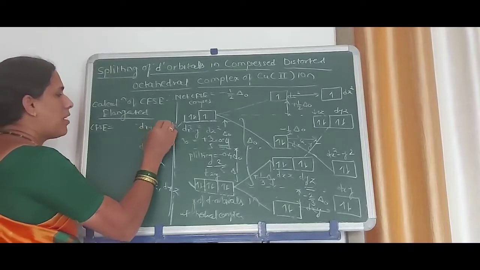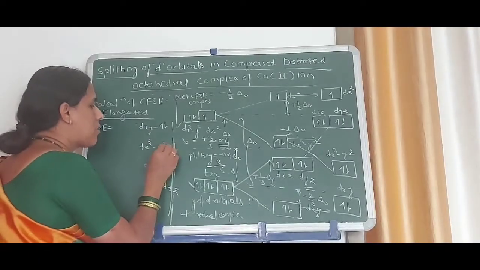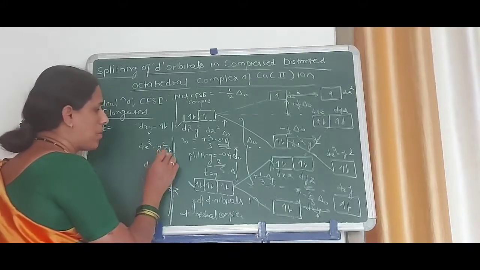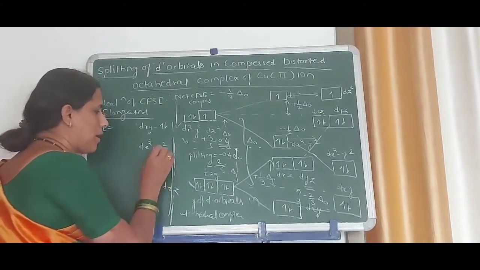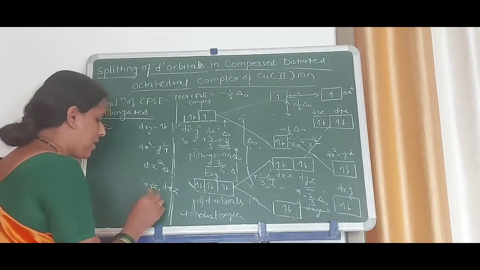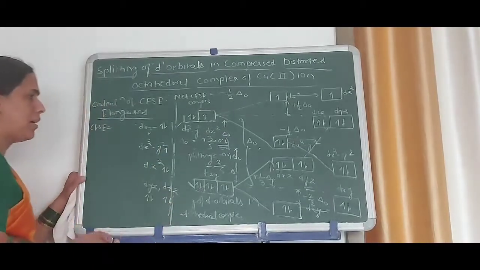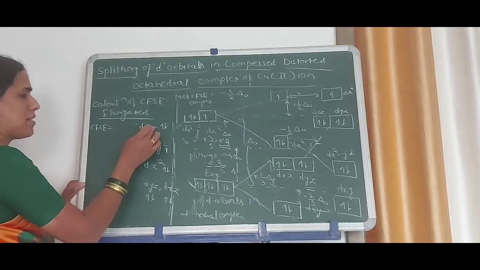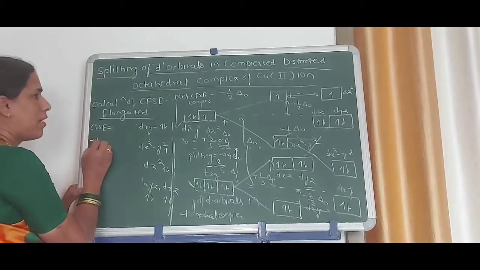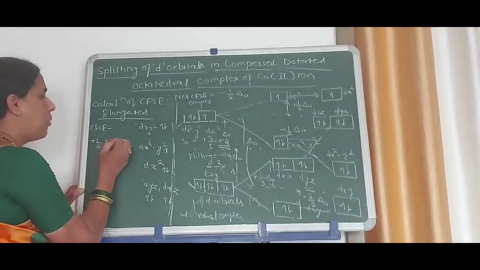In dxy how many electrons? 2 electrons. Dx square minus y square, how many electrons? That is equal to 1 electron here. Dz square, how many electrons? 2 electrons. And here are 4 electrons. Now we can calculate CFSE is equal to what? That is plus 1/2 into how many? 2.